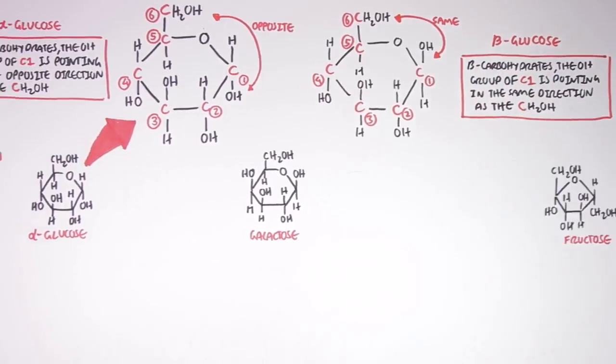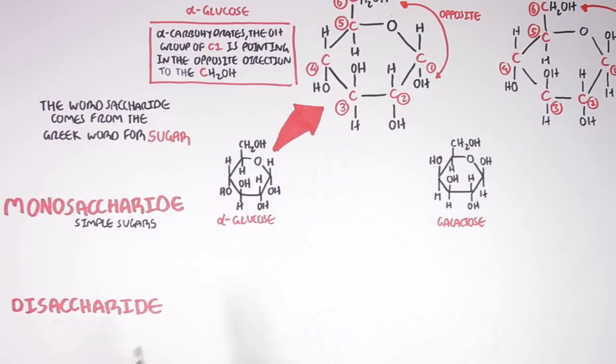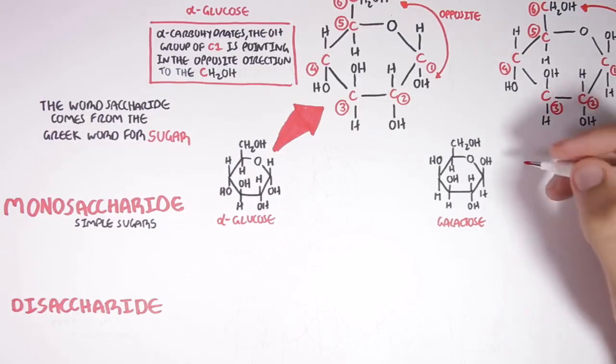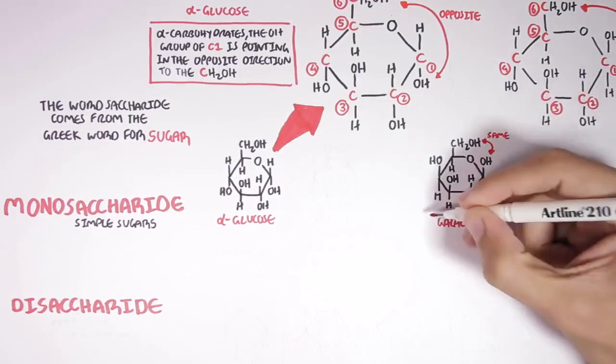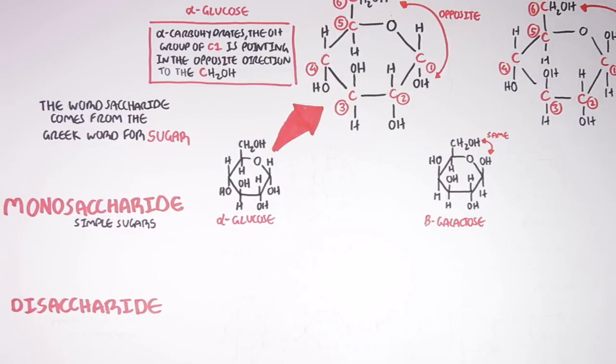And again, these alpha and beta configurations also apply to other types of carbohydrates, such as galactose as well as fructose. So for example, this galactose molecule is actually a beta galactose because the hydroxyl group here and the carbon number 6 are pointing in the same direction.